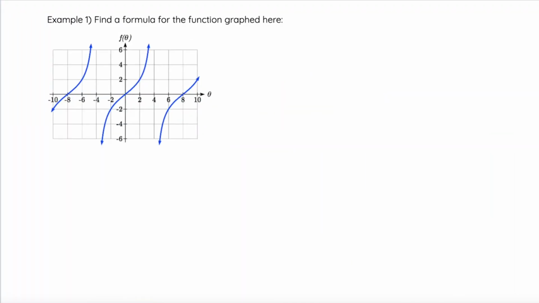Moving on to our first example, let's find the equation or the formula for the function that is graphed here. When I'm looking at this, I see that we are in the shape of tangent. It repeats itself from -4 to +4, so the period is 8.